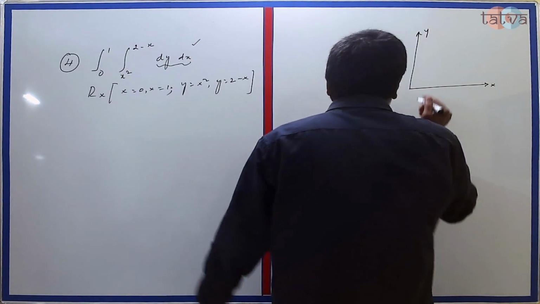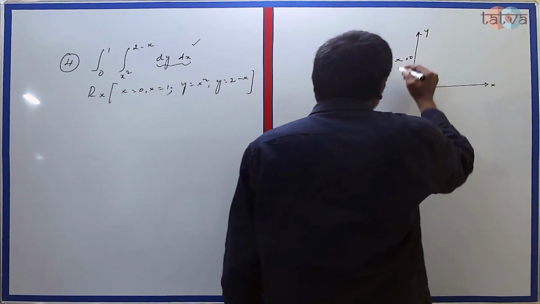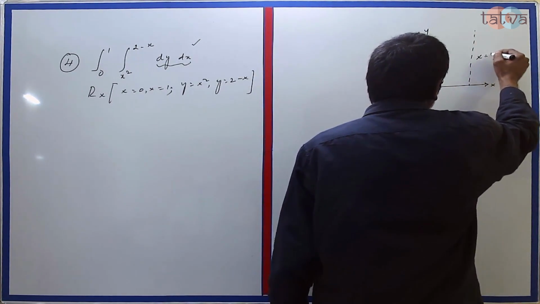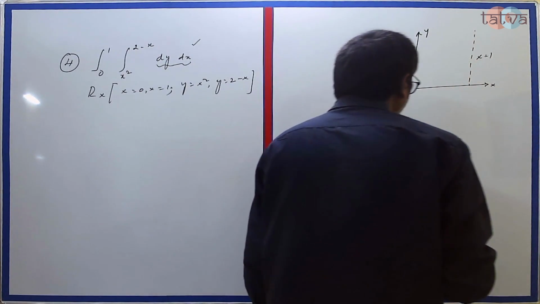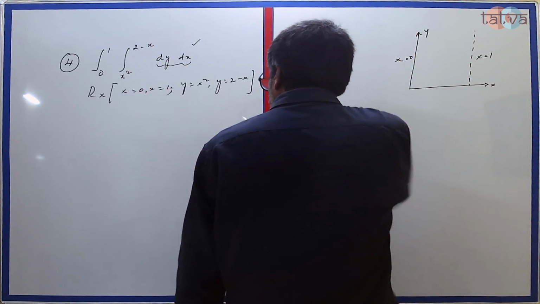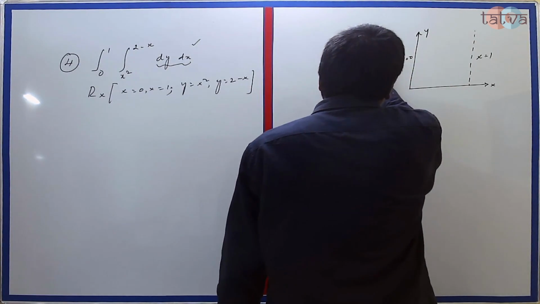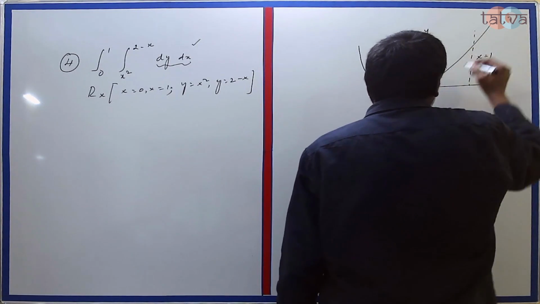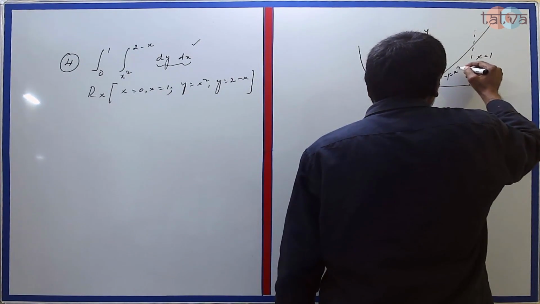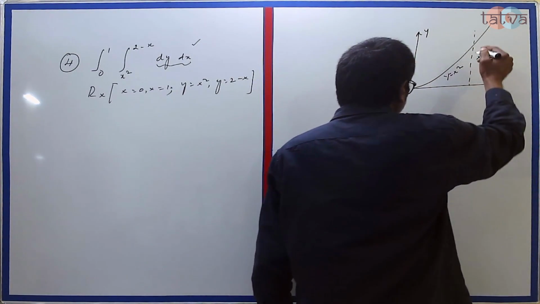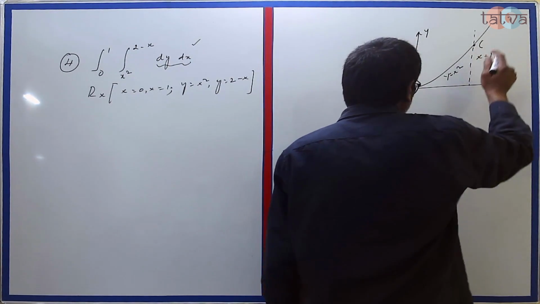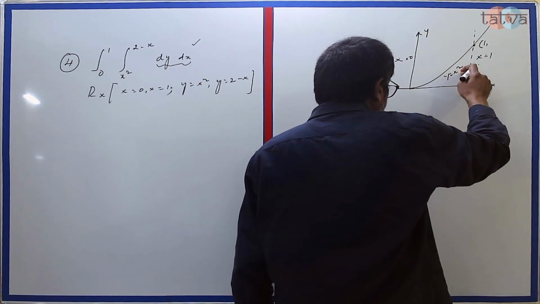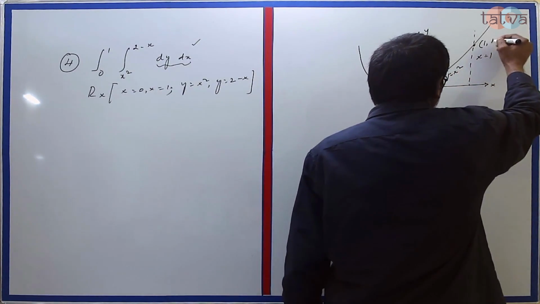Beginning with x is equal to 0, which corresponds to the y-axis, to x is equal to 1, which is 1 unit parallel to the y-axis to the right. Then y is equal to x squared is a vertical parabola. Let me write the equation there. Before doing anything, I'll just find this intersection point where x is equal to 1. Deriving y from here, y is equal to 1 square, which is also 1.